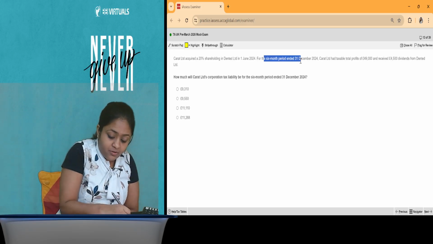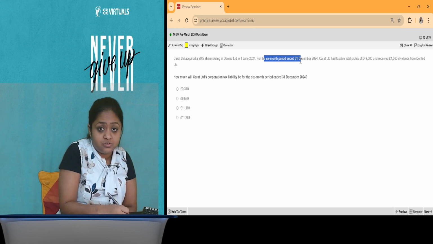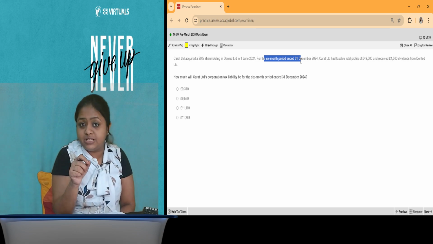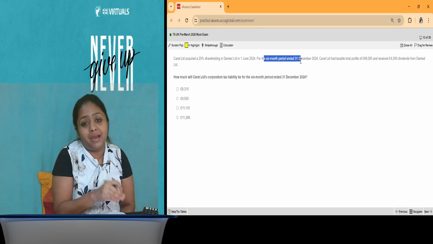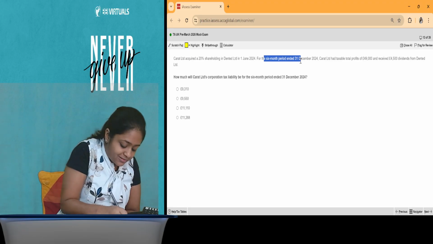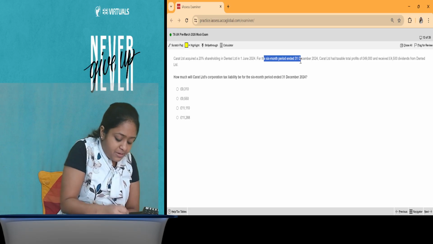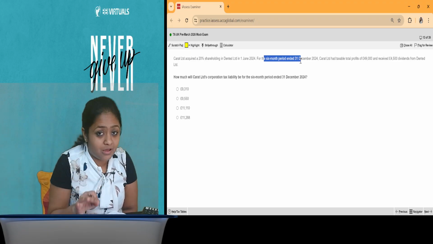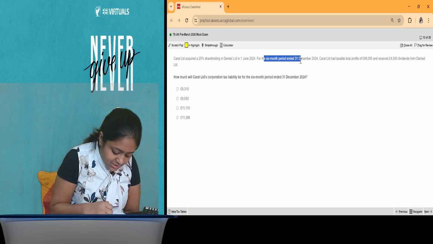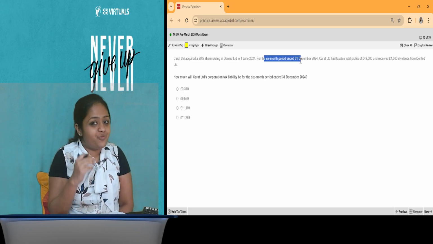Your upper limit will be 250,000 by 2, which is 125,000, and your lower limit will be 50,000 by 2, which is 25,000. Now, when you see 53,500 AP, it is falling in between.